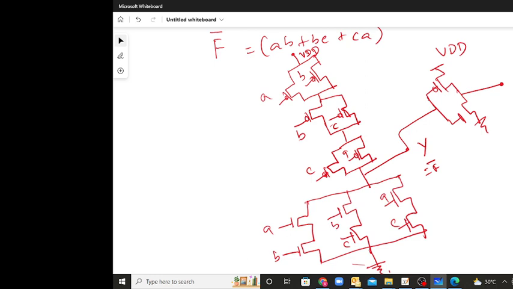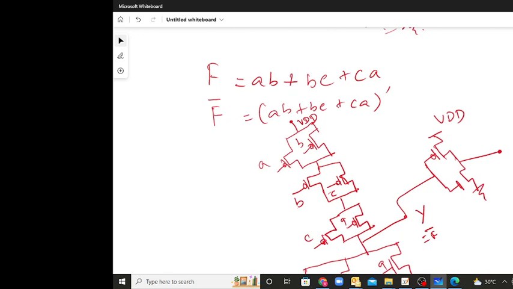See, suppose the function is already given with complement, suppose I am having H is equal to AB plus B with a bar on the whole function. Then I do not need this part, this part is not required.